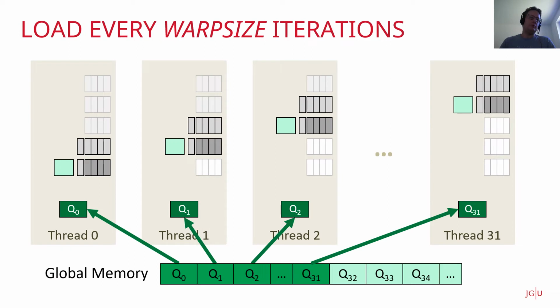Since loading from global memory is expensive, we try to avoid that by only loading new query characters every warp size, so every thread count iterations. For that, we have an additional register in each thread that stores a query character.